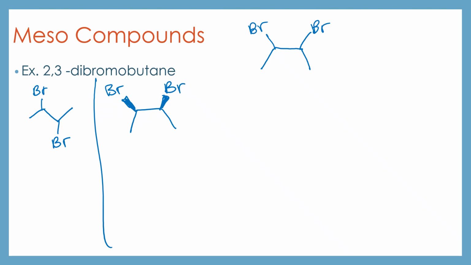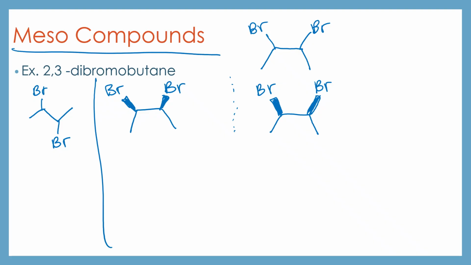If I wanted to make the mirror image of this molecule, I would get the same molecule back. So that's a problem. These are not different stereoisomers, and this is where we're going to end up addressing the concept of a meso compound. That comes up on the next slide. So there is no enantiomer of this particular stereoisomer, but there are still diastereomers.